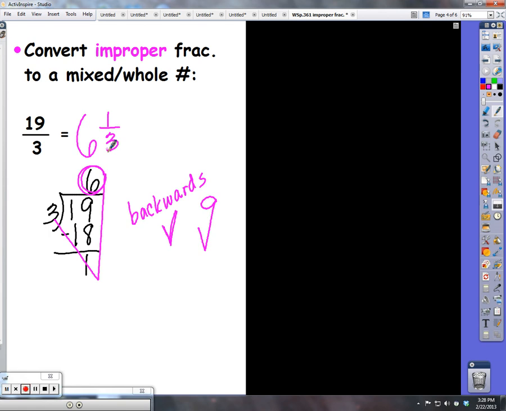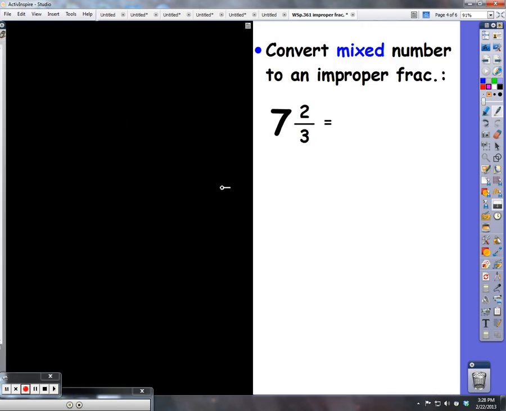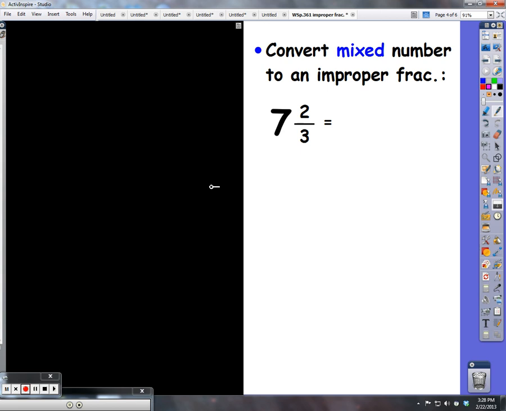Now, if we look at the other side, how to convert a mixed number to an improper fraction, then there's another little thing that I like to say what this is called. And once again, you're not going to find this in a textbook. This is just a way to remember the direction in which you read the answer. So to begin with, we can get half of the answer immediately.